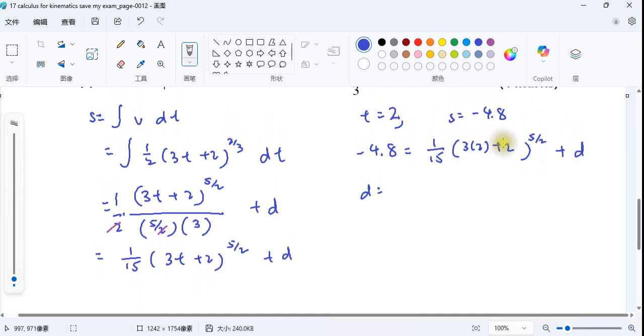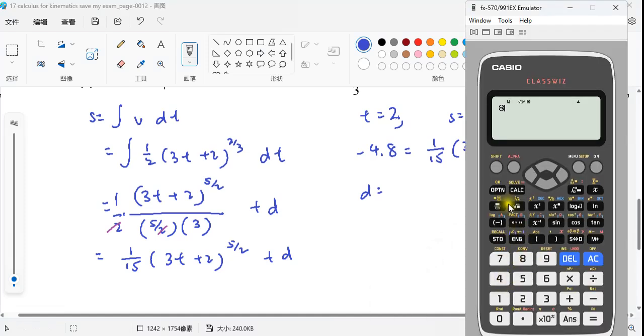So we have 8, 3, 6, 8, 8 to the power of 5 over 2. So 8 to the power of 2.5. Something wrong.